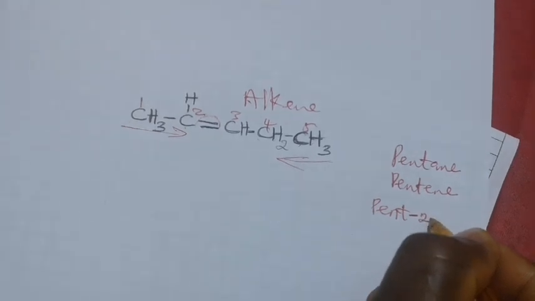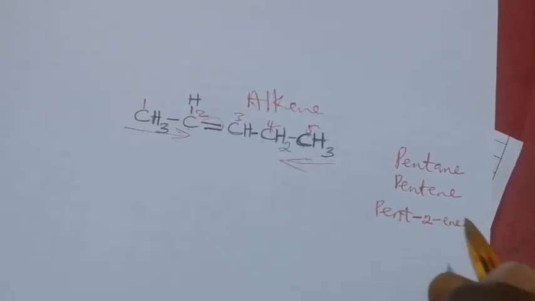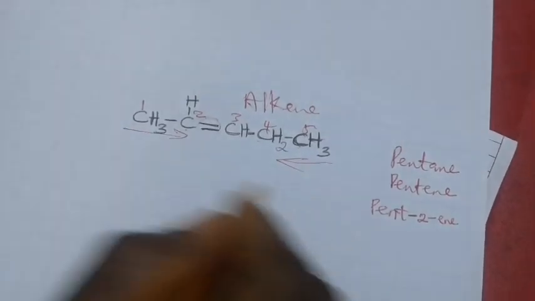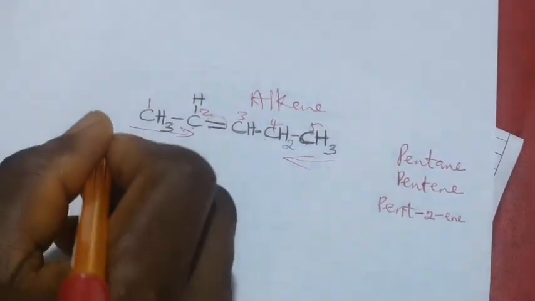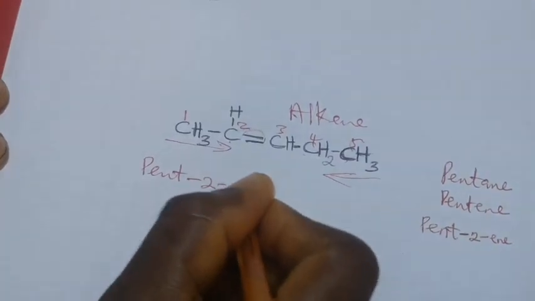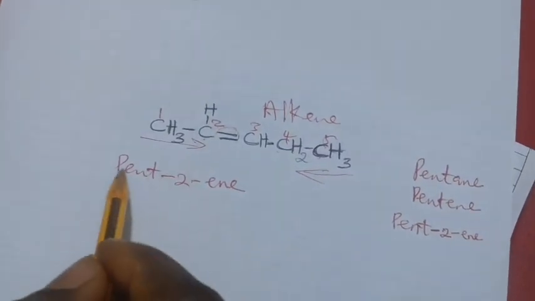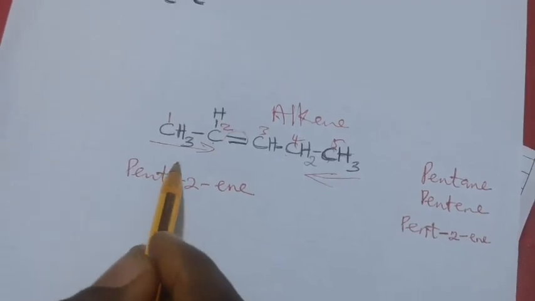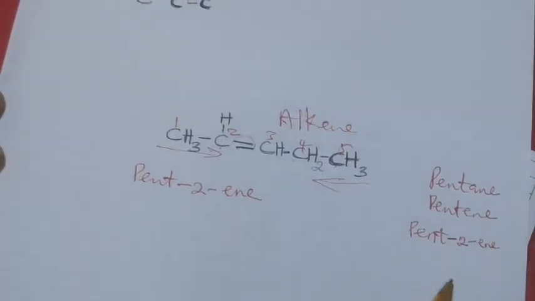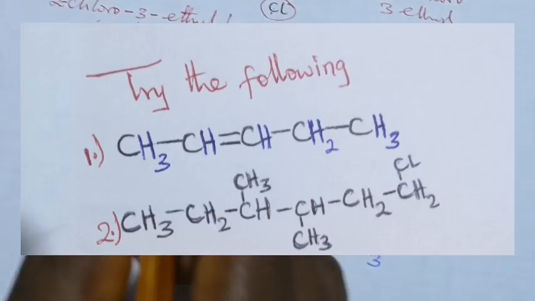We will now put 2, then before that en. So the correct name of this compound is pent-2-ene. Okay, that is how to name a compound with a double bond. Try to name these compounds.